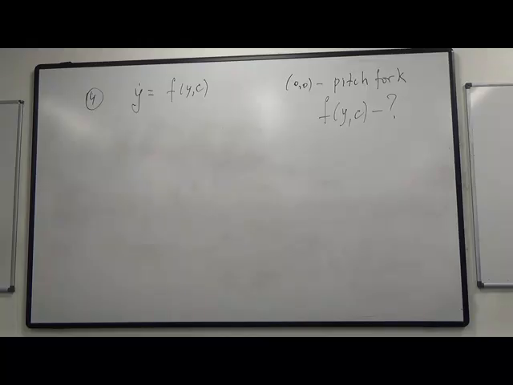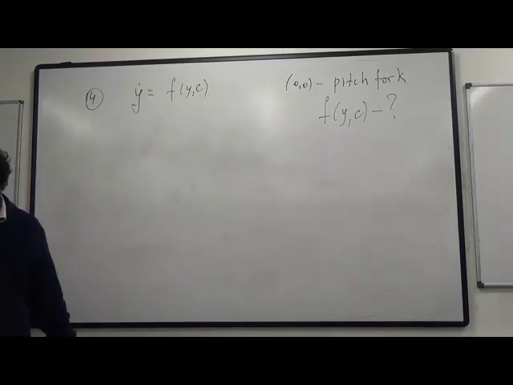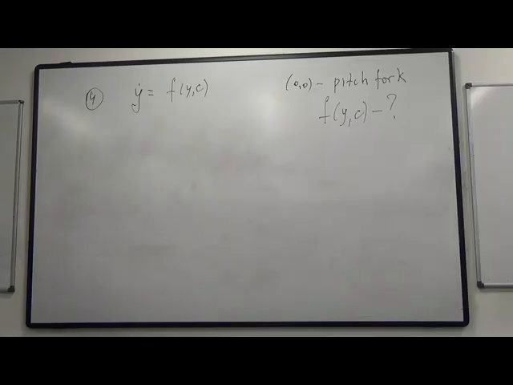Yeah. So it is again the same. Now the only difference is that fold bifurcation and transcritical bifurcation can be derived using a second order approximation of the function, while for pitchfork we need to use a third order approximation.